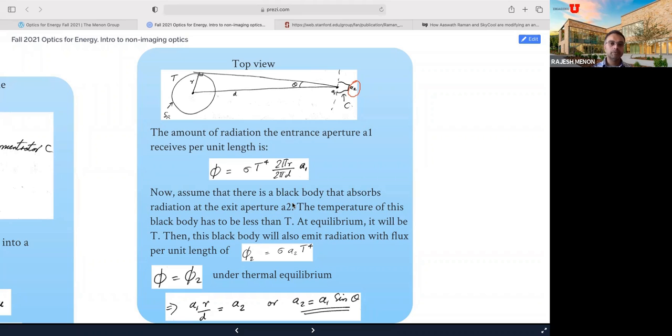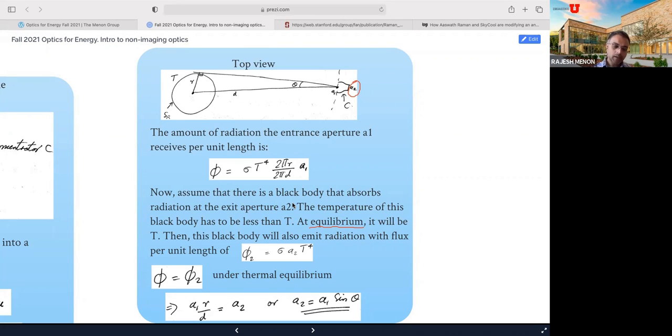It cannot be a higher temperature than T. But if we assume equilibrium as steady state, then it has to reach the same temperature T as the source. Okay, and that's the equilibrium condition. So in other words, nothing is happening, everything is steady state.